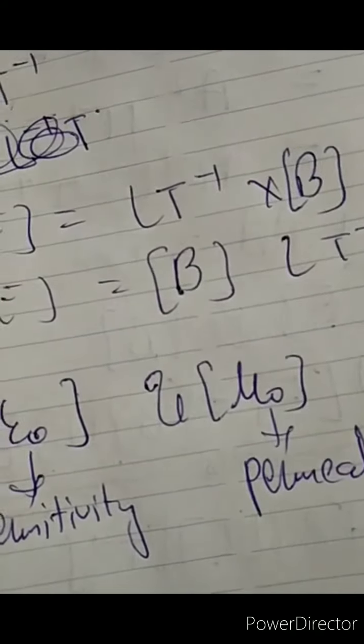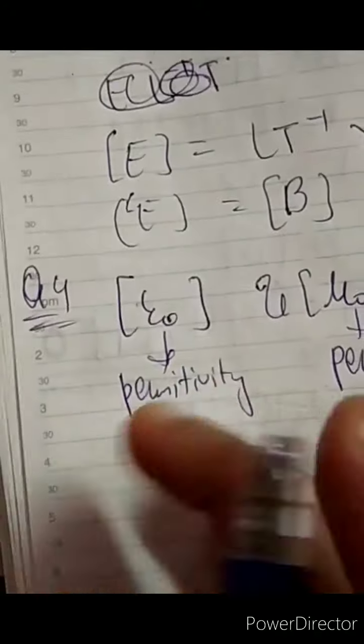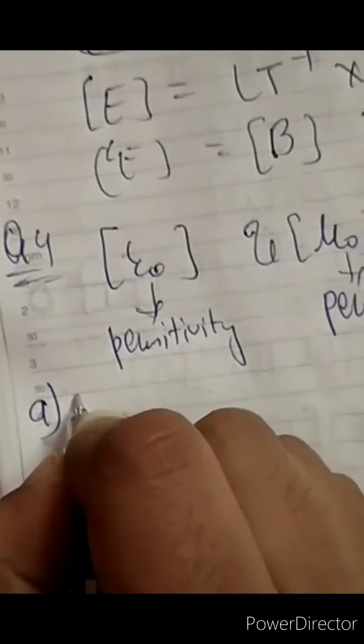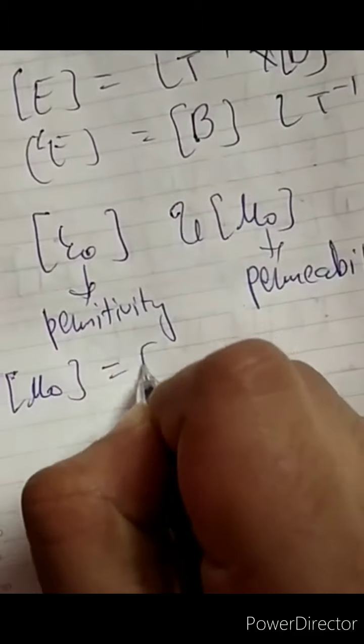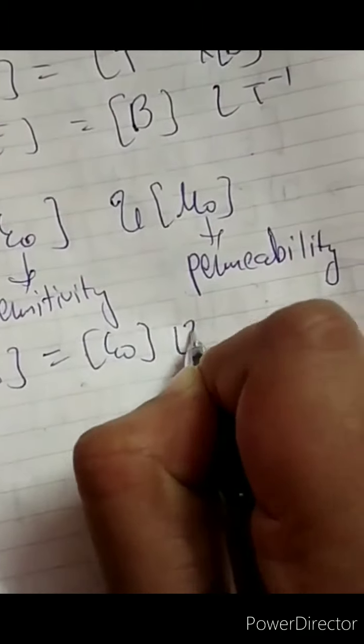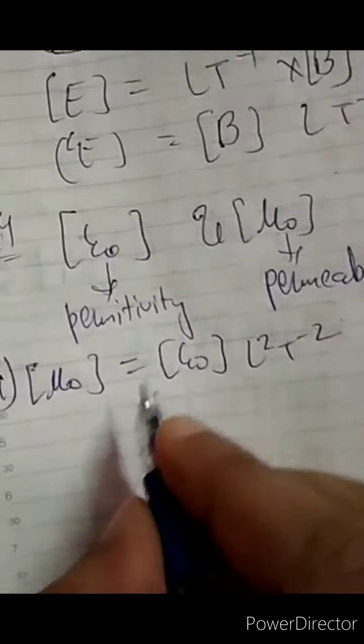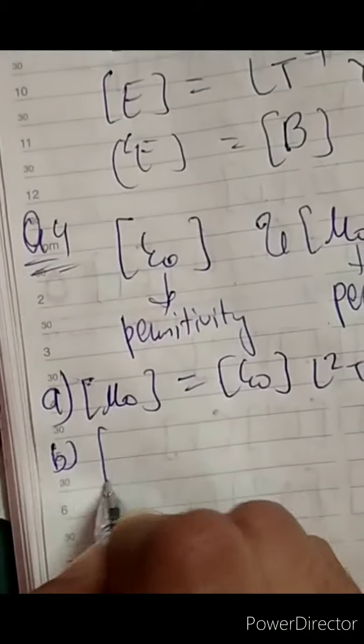So what is the relationship between epsilon 0 and mu 0? We have to find the relationship between the two, and here come your options. A: mu 0 is equal to epsilon 0 L2 T minus 2. B: mu 0 is equal to epsilon 0 L minus 2 T to the power 2.